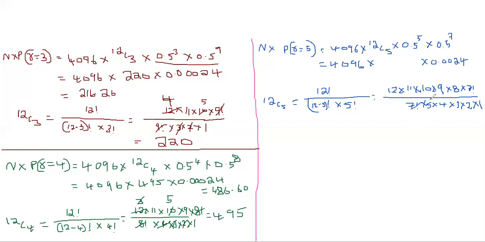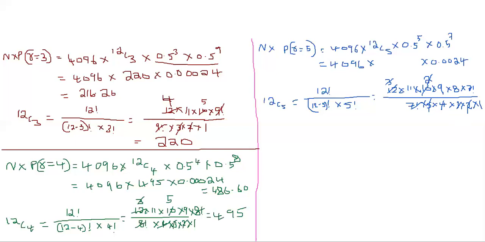5 2s are 10, 2 and 2 will be cancelled. 4 3s are 12, 3 and 3 will be cancelled. So what are the things that are left out here? 11 into 9 into 8.